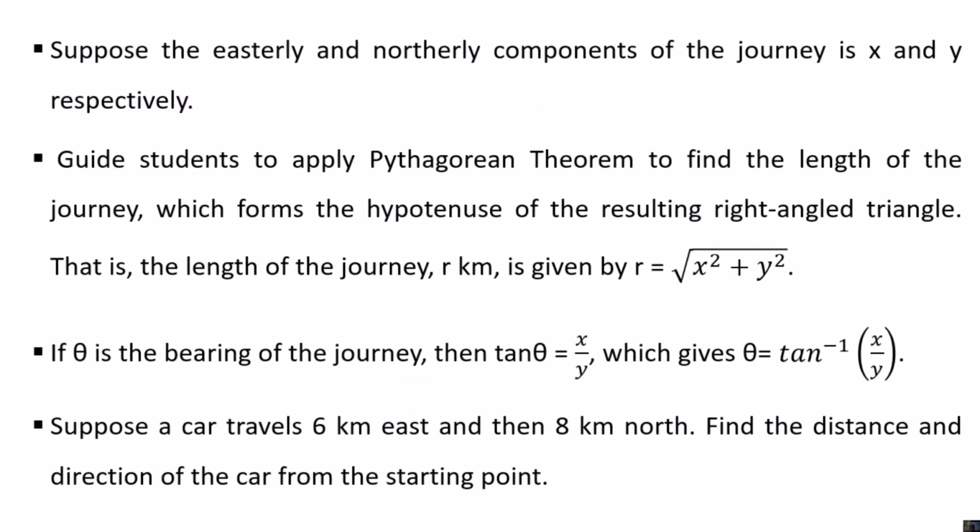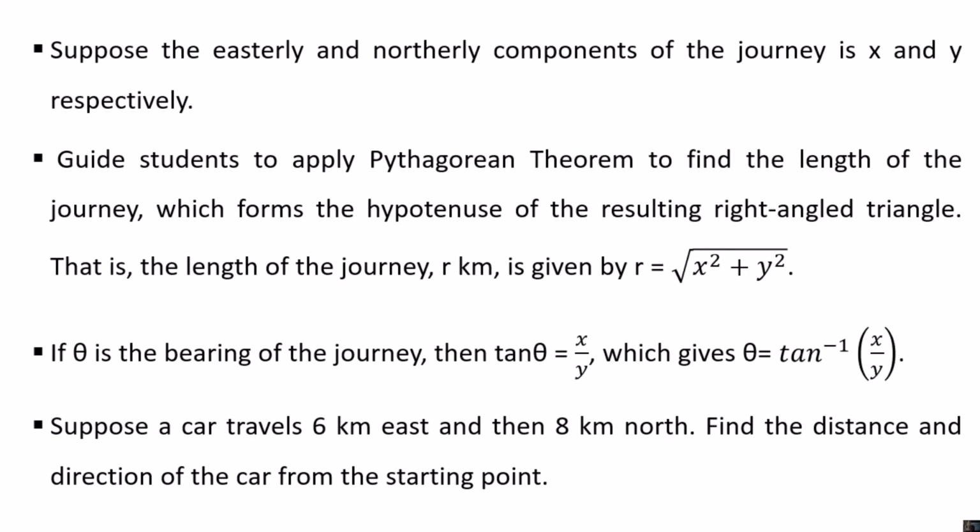Suppose the easterly and the northerly components of the journey are S and Y respectively. We can guide our students to apply the Pythagorean theorem to find the length of the journey, which forms the hypotenuse of the resulting right-angle triangle. That is, the length of the journey, r kilometers, is given by the square root of s squared plus y squared.